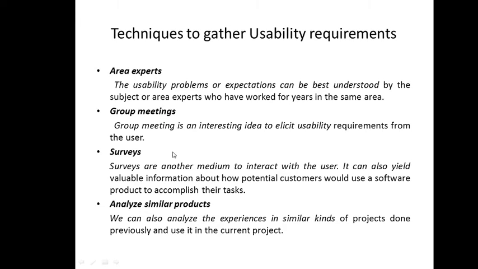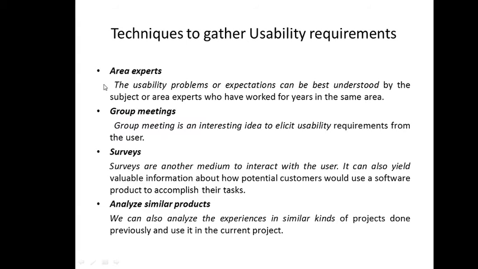You can carry out a survey in which you interact with the users and get their valuable information, and analyze similar kinds of products. Say you are developing a library management system for a college. There must be other similar products like a library automation system for some other institute or university. You can check that, and accordingly fetch the usability requirements, see how well they have been developed, and get the requirements for your project.